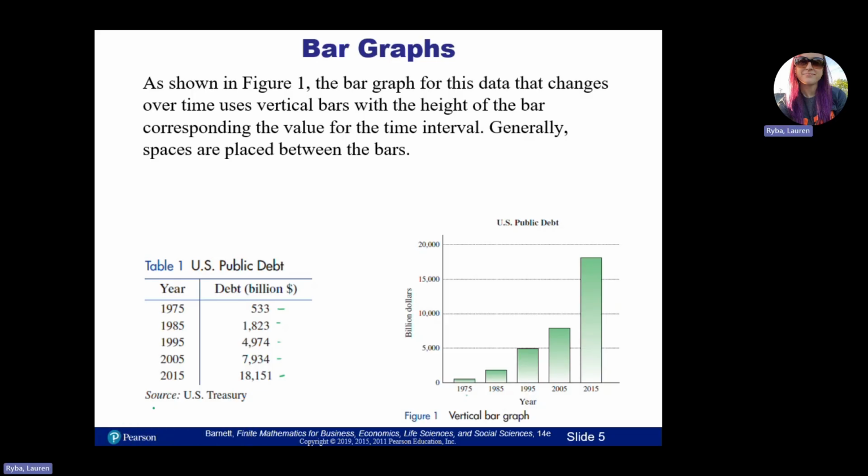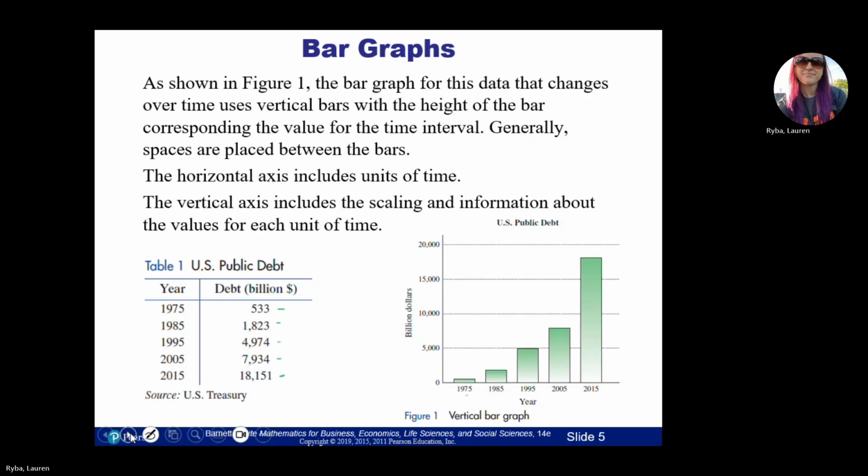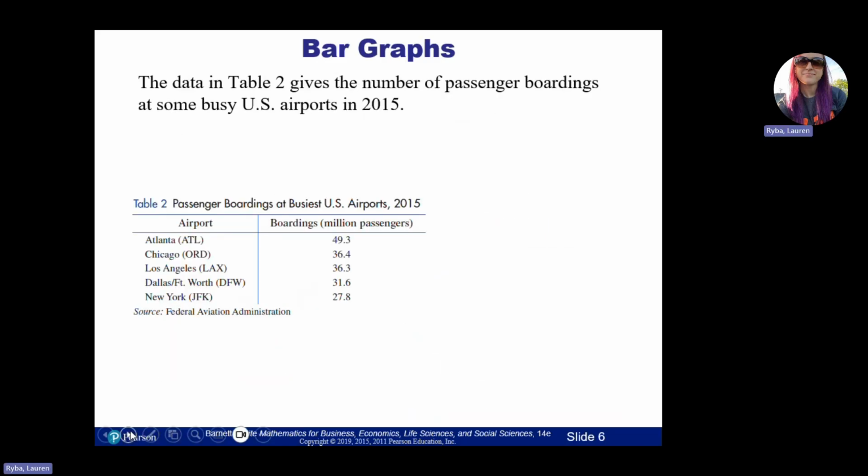I trust everybody's seen a bar graph before, so I'm not going to spend a whole lot of time on it. If we wanted to create a bar graph here, I could do that. So I've got Atlanta, Chicago, LA, Dallas, and New York.